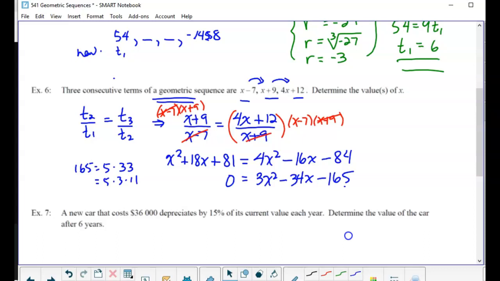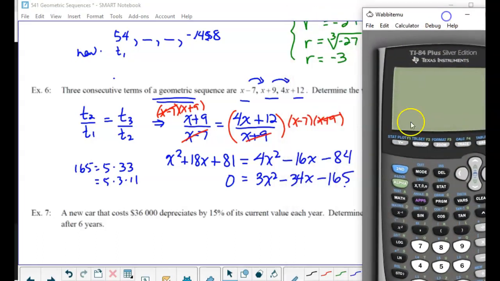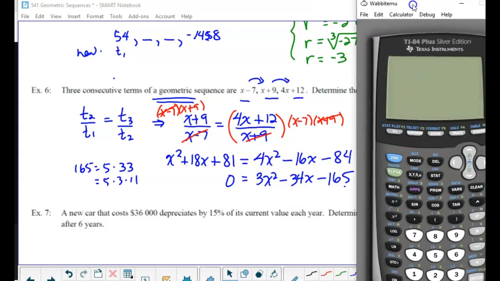Something to add and subtract to, so 55 and 9, no. I don't know. You guys can help me out. So if you know it, you can factor it. I can't think right now. So if you're not sure, I don't think it's irrational. So I can always graph it.